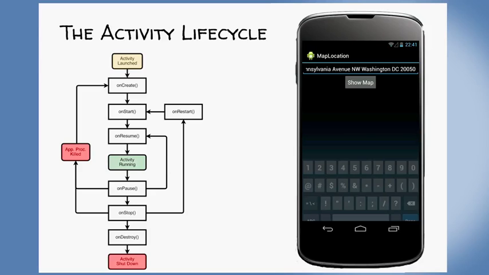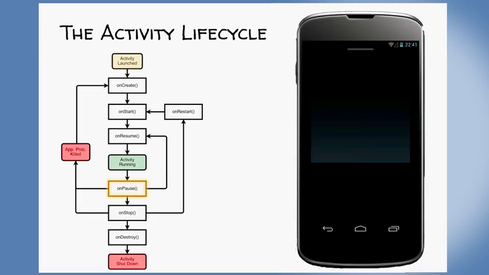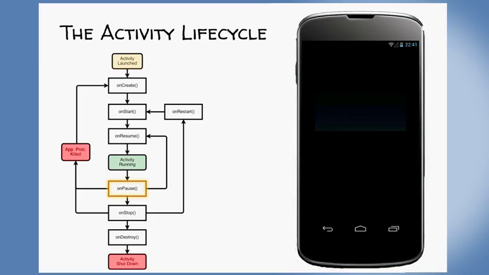But let's continue looking at what's going on with the map location activity. Because Google Maps is about to come into the foreground and cover up map location, the map location activity will first receive a call to its onPause method. And soon after this, map location will no longer be visible, and Android will call its onStop method.